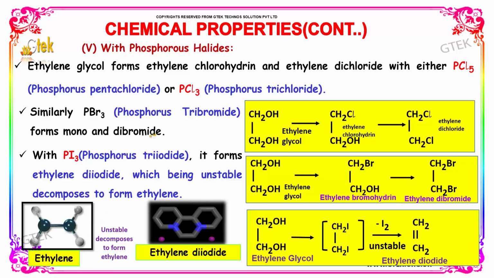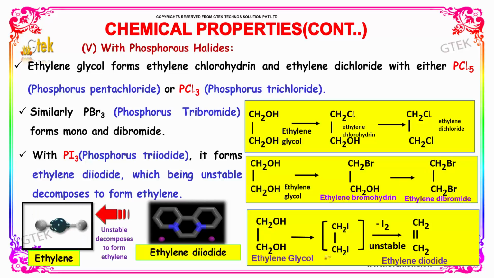For example, let us take ethylene glycol. Here, on addition of PCl5 or PCl3, we obtain ethylene chlorohydrin. On further reaction, we obtain ethylene dichloride. Instead of PCl5, if we take PBr3, the same product is obtained, but instead of chlorine, we will have bromine here.